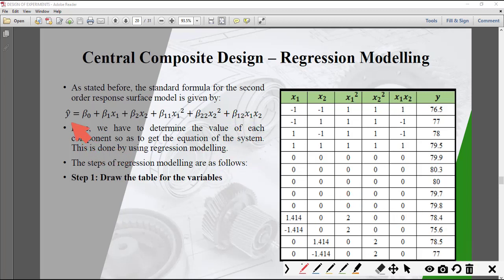If you want to go for a third order, how will it look?